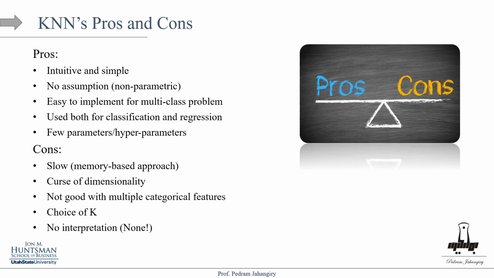Finally, maybe this is a big deal when deciding whether to use a KNN model or not: because KNN is a non-parametric model, we absolutely cannot use it for interpretation. There is no interpretation, none. There are no parameters that you can interpret at the end of the day. So if you want to use machine learning models and also think about interpretability of that model, KNN, especially for regression, is your last option.